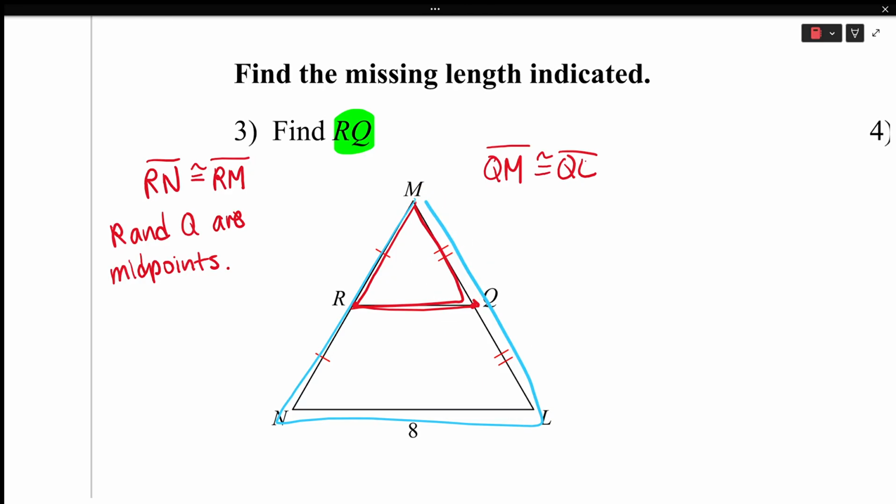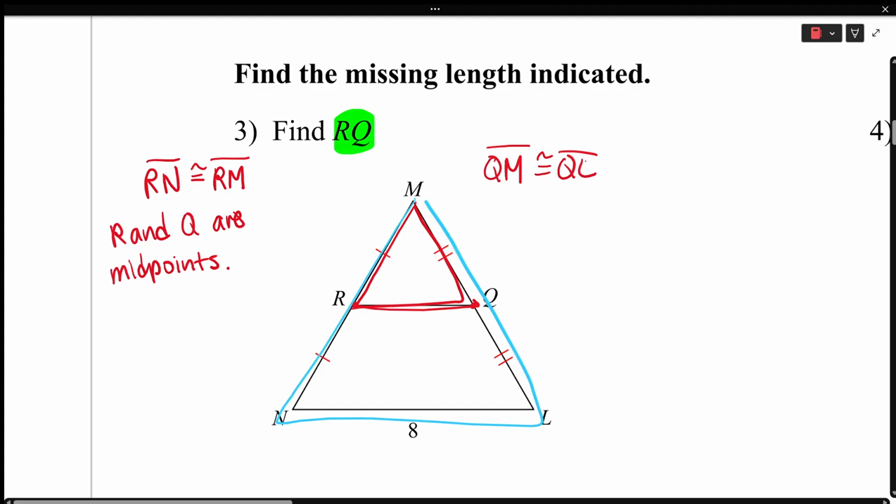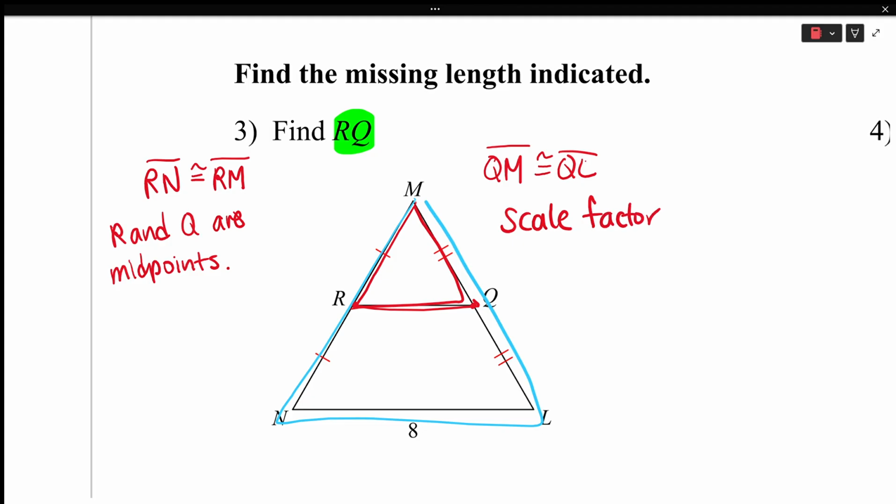So our scale factor, because we have midpoints, is going to be either 2 or 1/2, depending on which triangle we're going from. If we're going from the bigger triangle to the smaller triangle, the scale factor is 1/2. If we're going from the smaller triangle to the bigger one, it's 2.